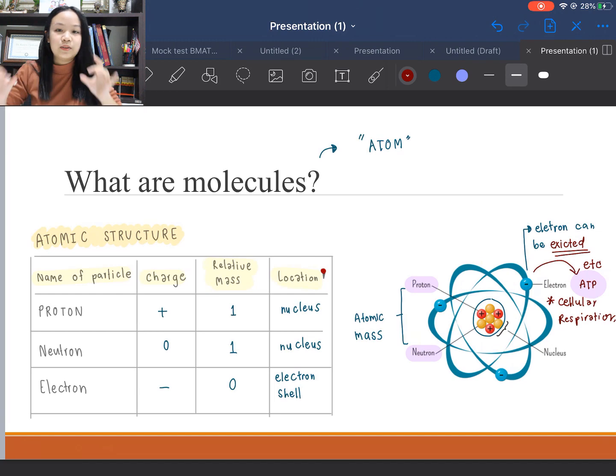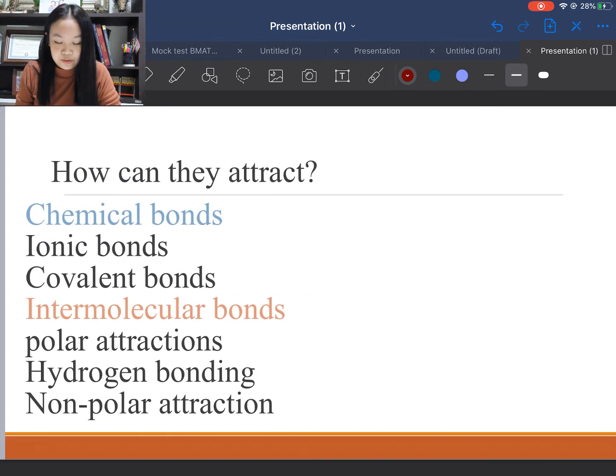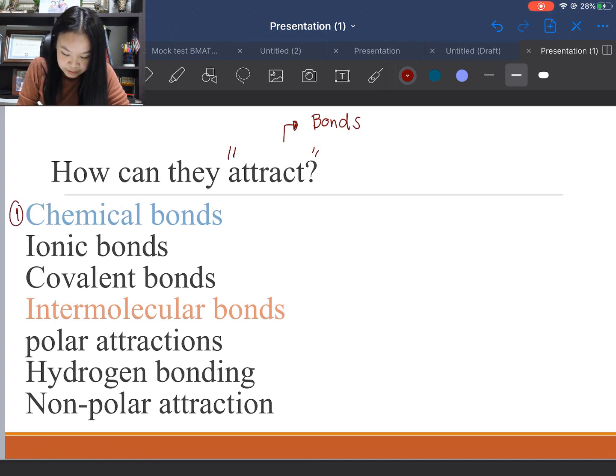Now, atoms and atoms together need to have a bond. And the bond is something that connects the atoms together to give molecules. So what are bonds? How can they attract? Okay, so whenever we talk about attraction, in chemistry or biology, we have to think of bonding. There are 2 types of bond, mainly: chemical bonds and intermolecular bonds.